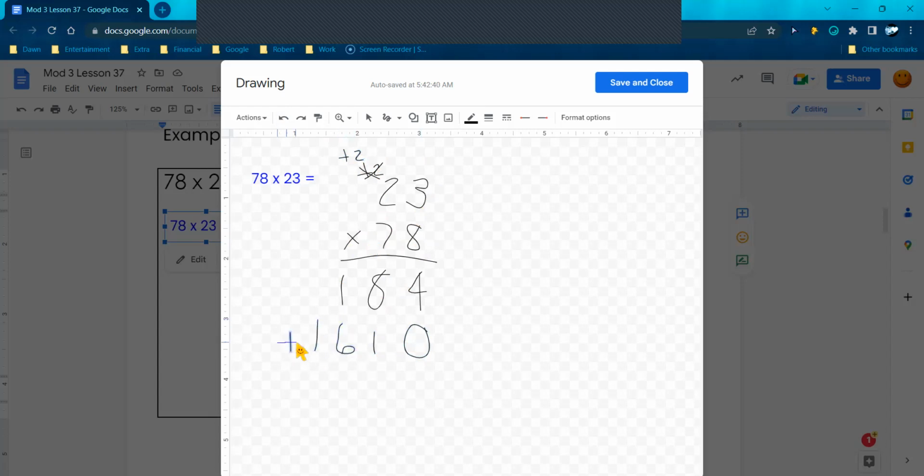And now I'm going to add this. 4 plus 0 is 4. 8 plus 1 is 9. 1 plus 6 is 7. And then 1 plus nothing is 1. Put in my comma. I like to highlight or box it.